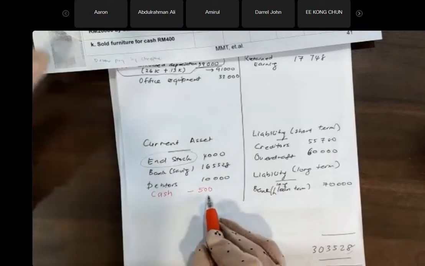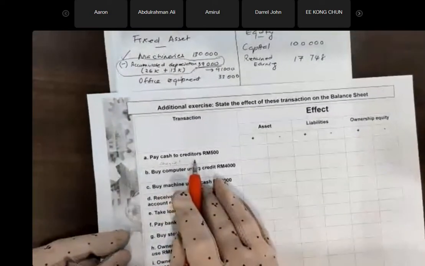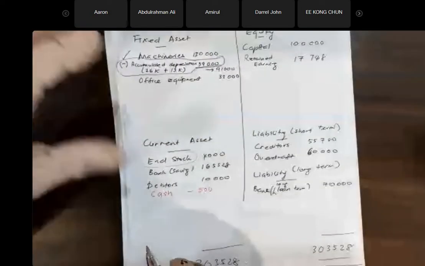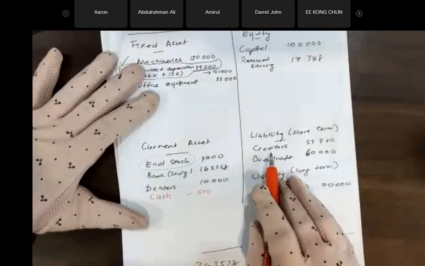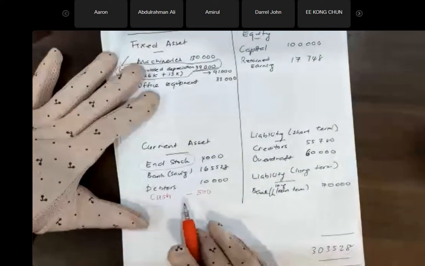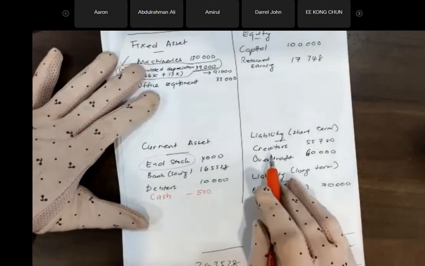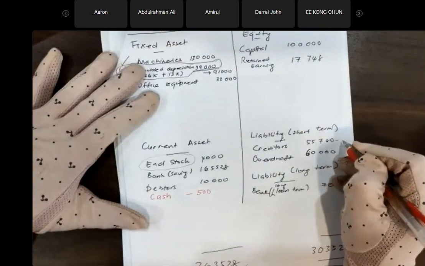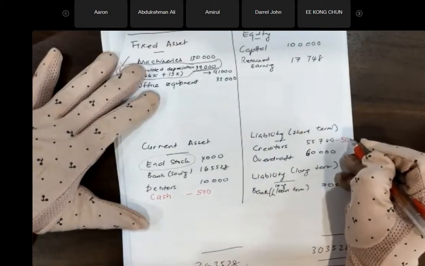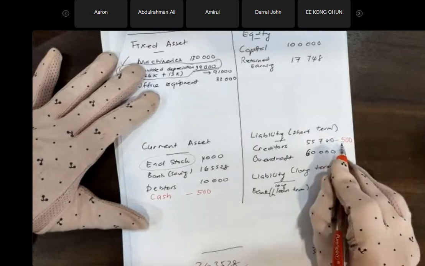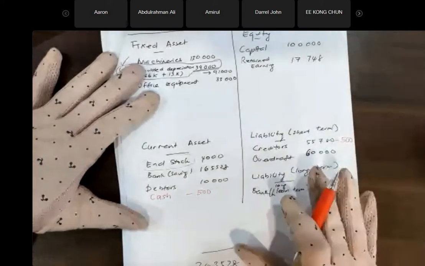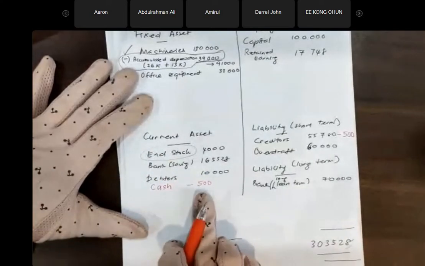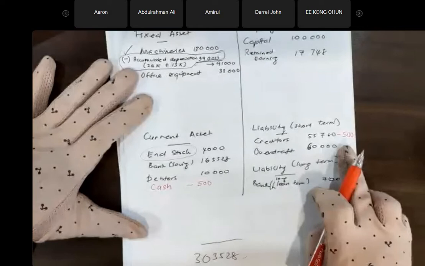So what happened to the creditors? Where is the creditors? This one, right? So you pay the cash to the creditors, so here the creditors will reduce 500 ringgit. Show this one, negative 500 here. Common sense: if the left side minus 500, the right side will be minus 500.